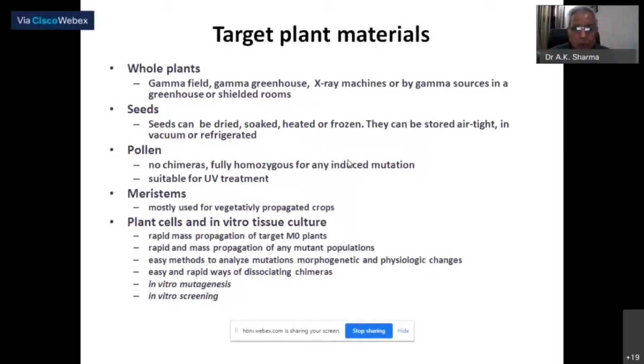They can be kept stored for a long, long time, especially under airtight conditions. They can be kept in vacuum or refrigerated conditions for a long time. And also you can manipulate the damage or effect of radiation in seeds by changing their moisture content, changing their temperature.